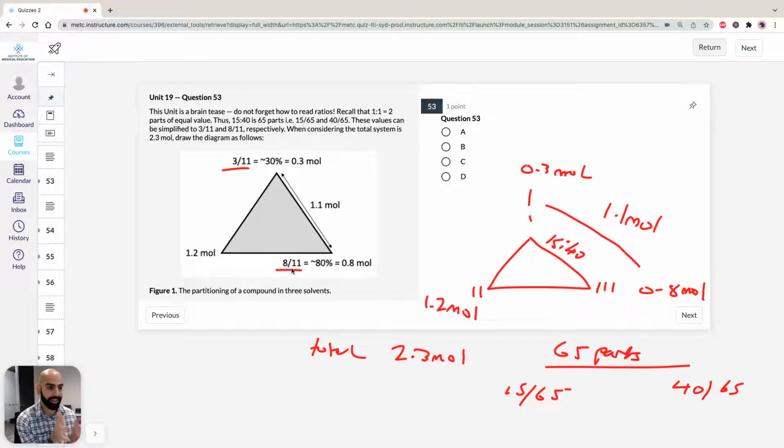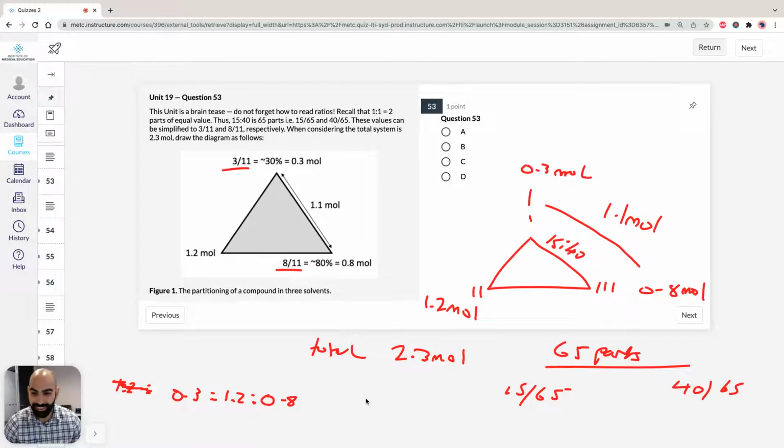The really good thing about this question, if we take a look at the ratios, is that we now have, starting off with 1, 0.3 to 1.2 to 0.8.